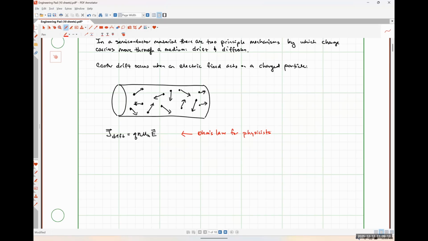So we'll get to what's going to happen in a semiconductor in a moment, but it's just going to have a second term taking into account holes.